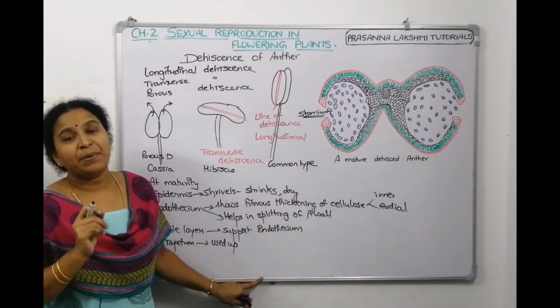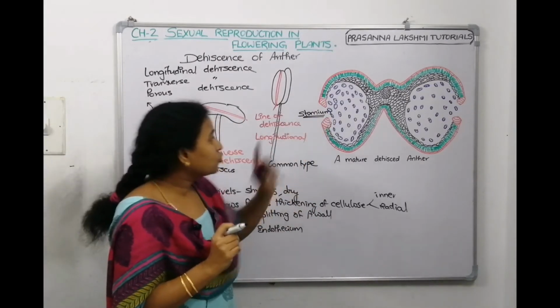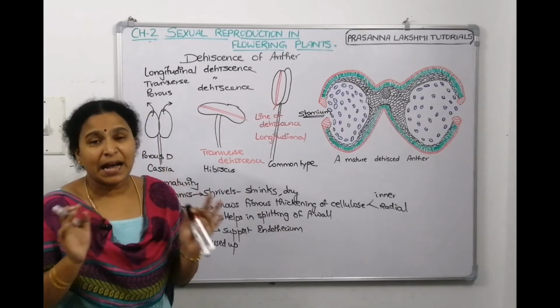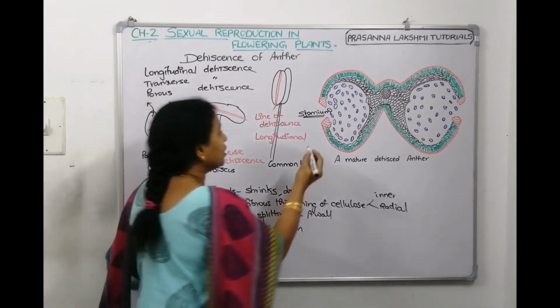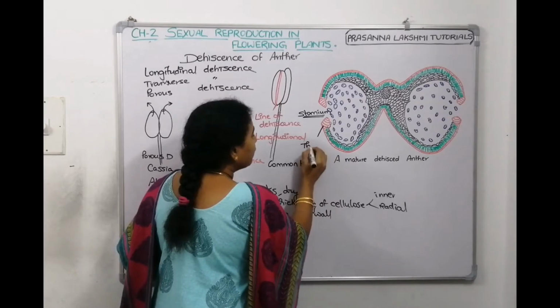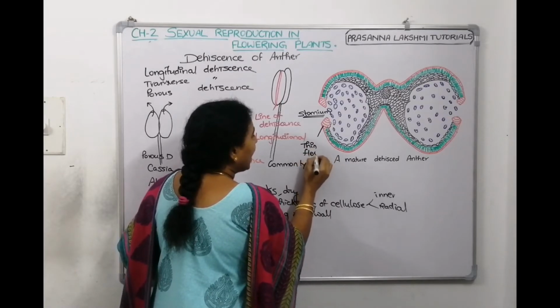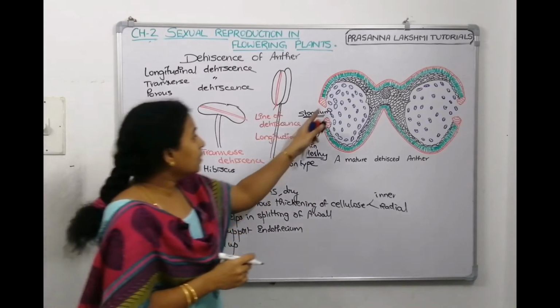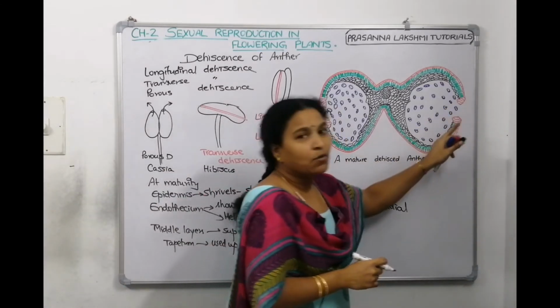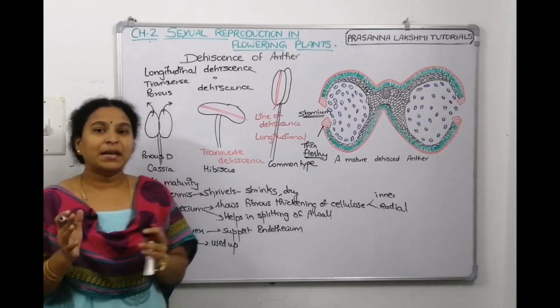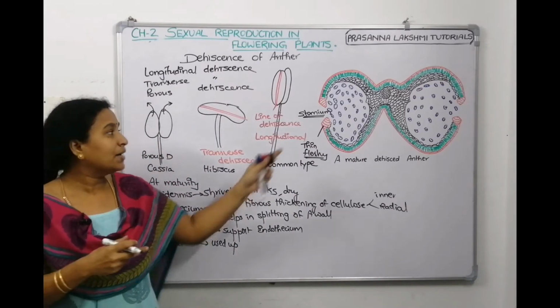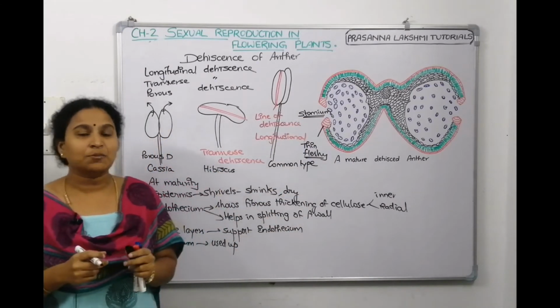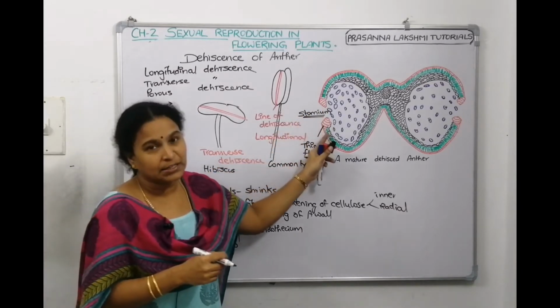What happens at the stomium? The cells remain as they are, thin and fleshy. There the anther wall splits. Why? The rest all became dry, but there it is moist and retaining the water content. There it splits. That is called the line of dehiscence.